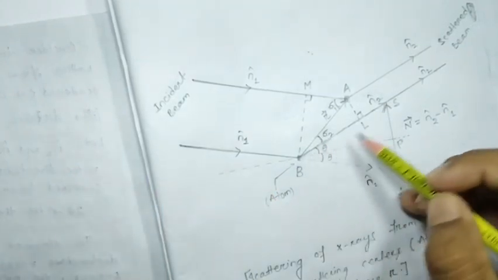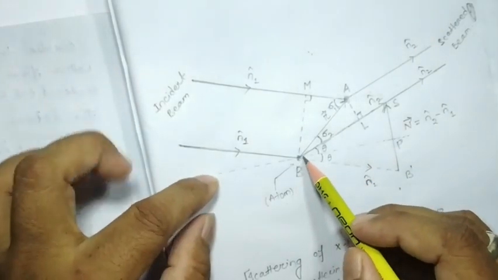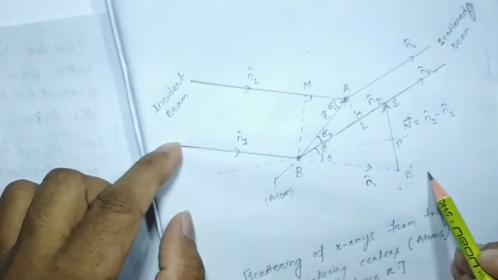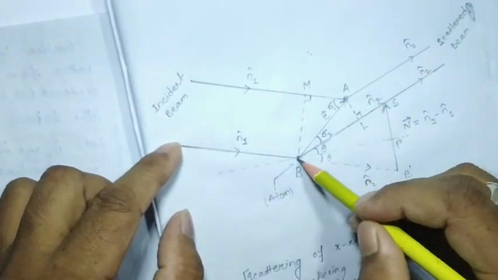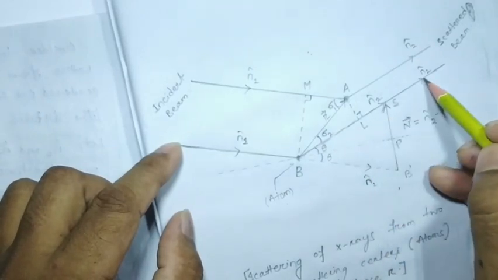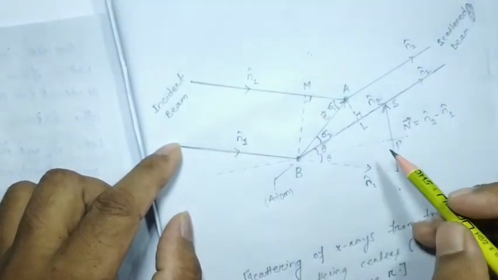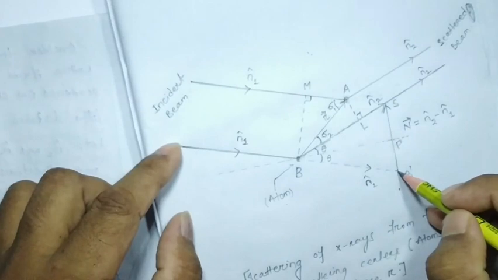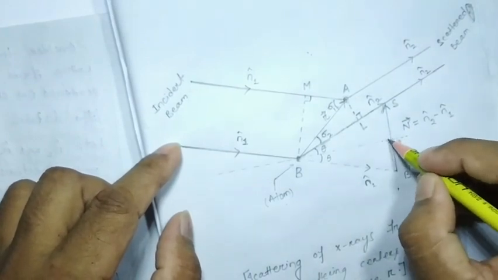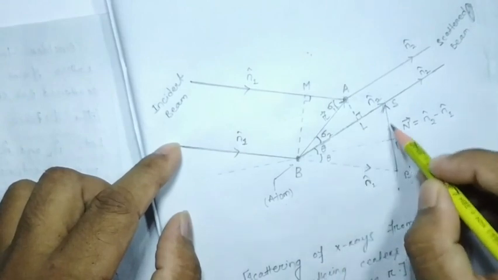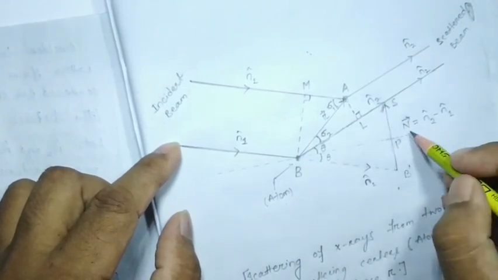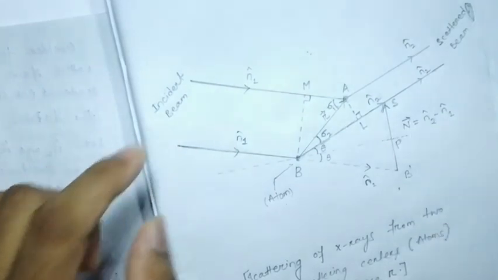If this atom were not here, the incident ray would go in this way. As this atom is here, the diffracted ray goes in this direction. Now if I draw a vector from here, perpendicular to this plane and touching n2, this vector will be represented as n.